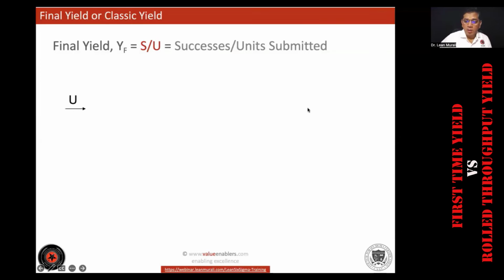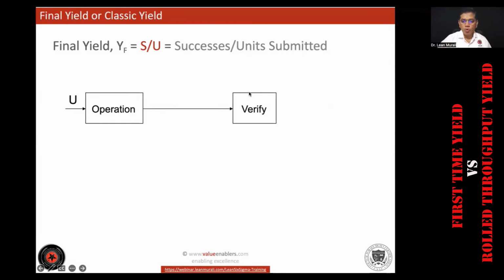Now, you have some input units that you put inside. It might be for drilling, for example, for drilling a hole, you put a piece of metal. Let's say the part is a piece of metal with one hole in it. So you put some units inside. You do this drilling operation of making a hole. You verify whether the hole is okay or not.